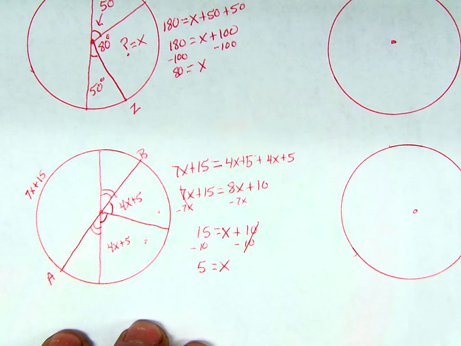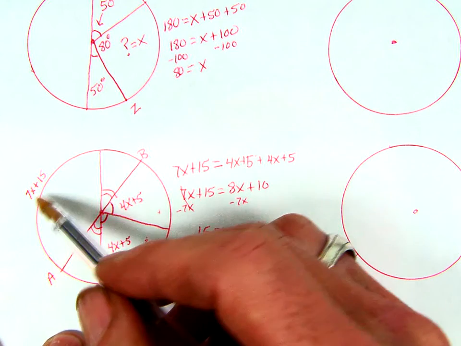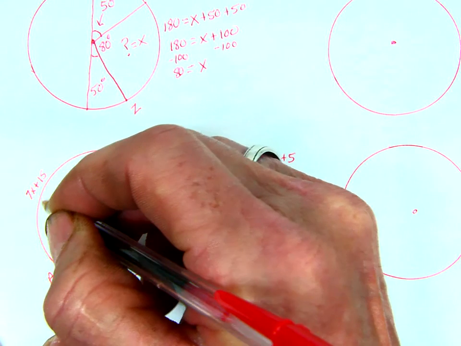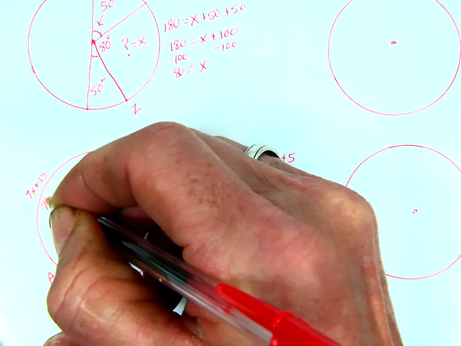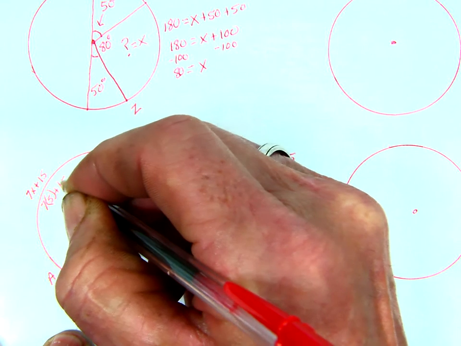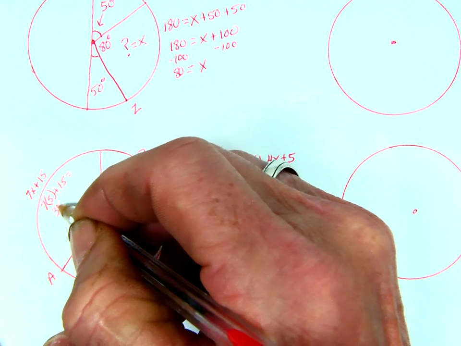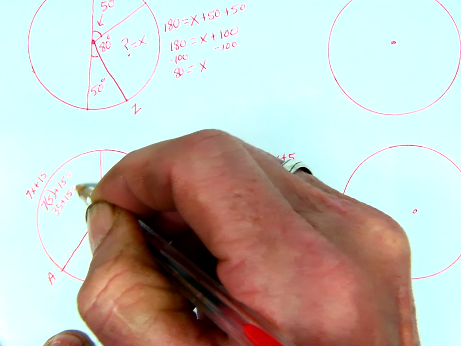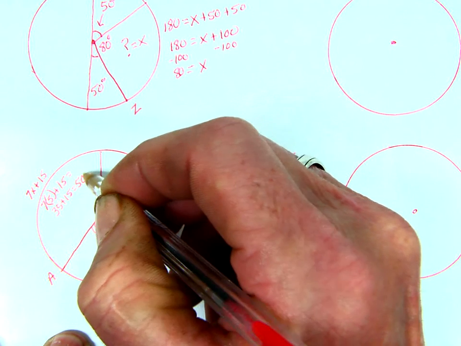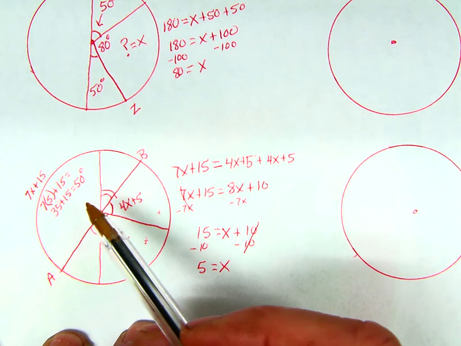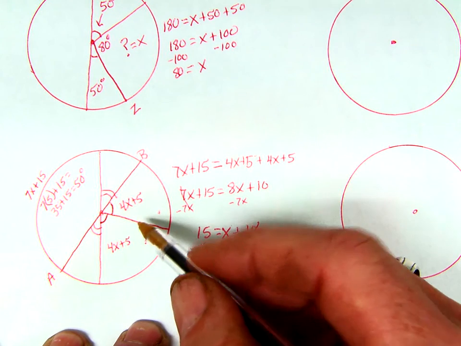How does that help me? Well, now that I know that x equals 5, this measure becomes 7 times 5 plus 15. 7 times 5 is 35 plus 15, which equals 50 degrees. That's not really 50 degrees, but for this example it is. All right.